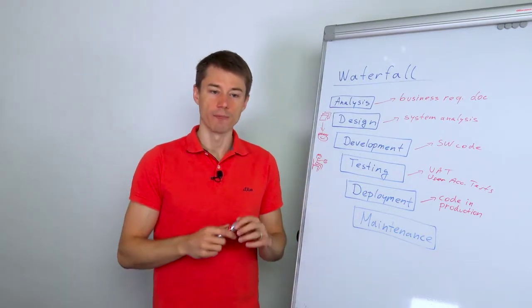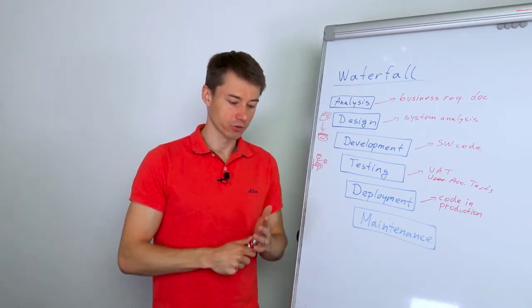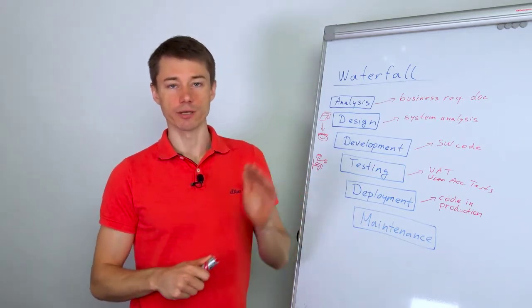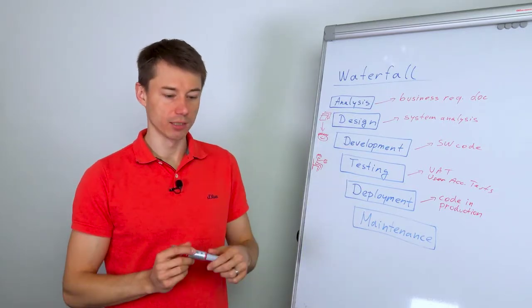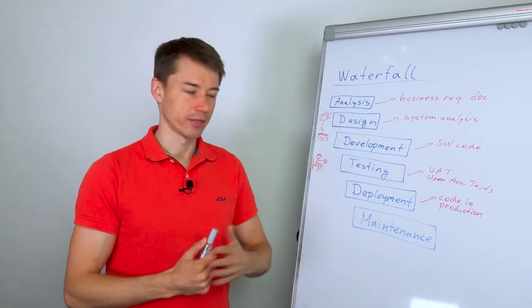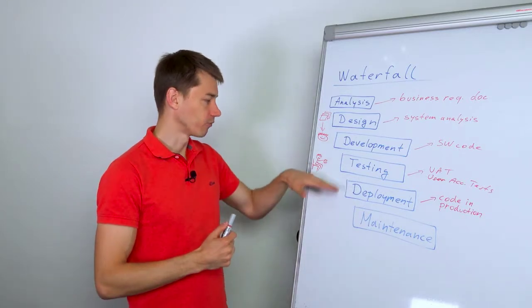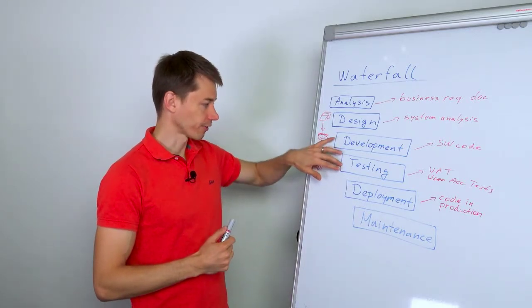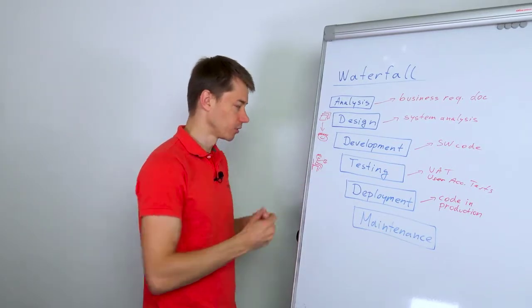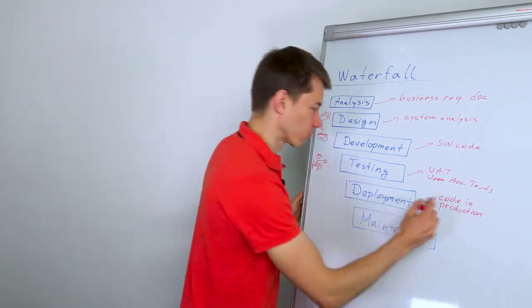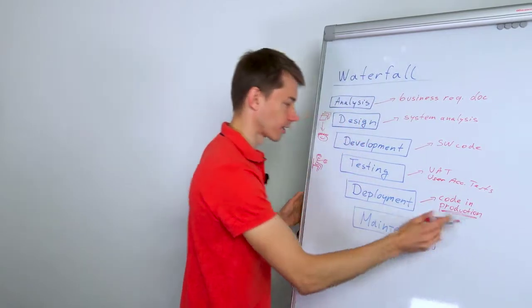So if we say that the application should be able to register a user and log in a user and send a forgotten password, then these are three tests that need to be performed before it is deployed. Okay, so during testing we need to test this functionality and only then we deploy it to production. So the code is suddenly in production.